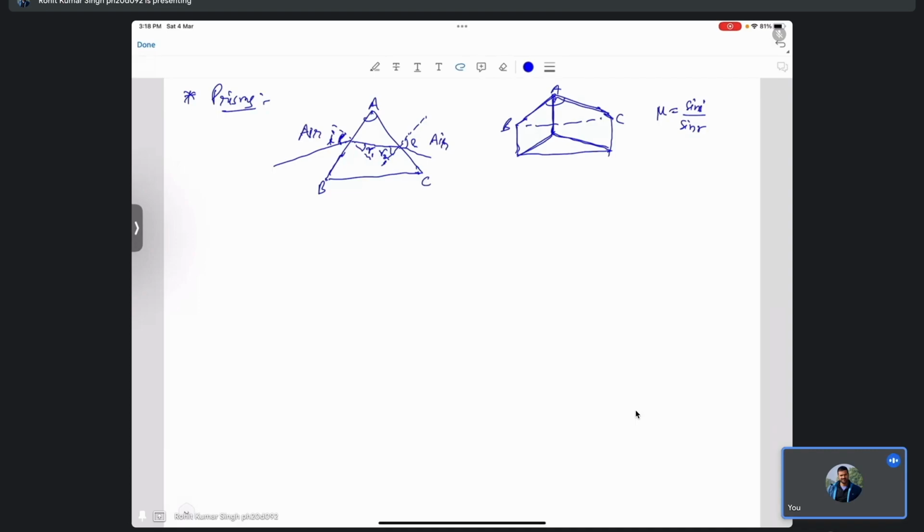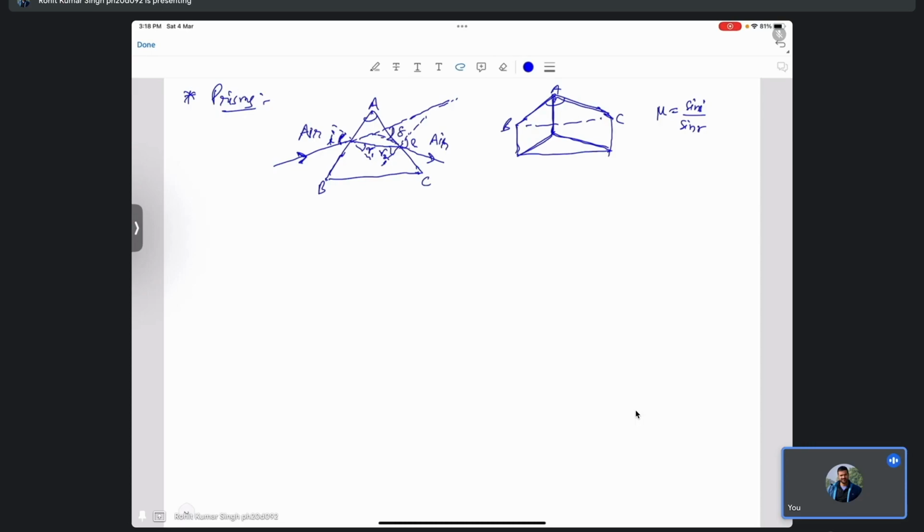So you see this path of light which was coming inside, now it is going through this path. So it has deviated its path, and the deviation which is happening here you can calculate. We can extrapolate it like this, and this final path, and this angle is what we call the angle of deviation. Okay.